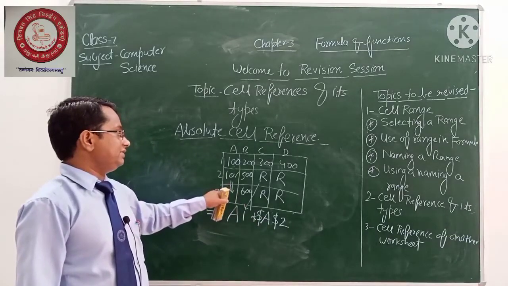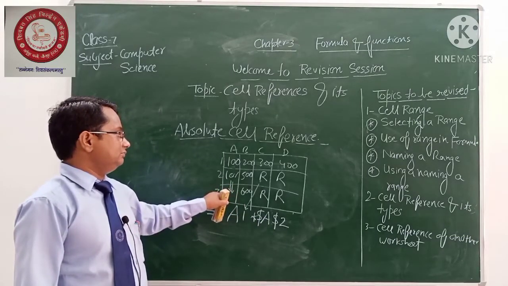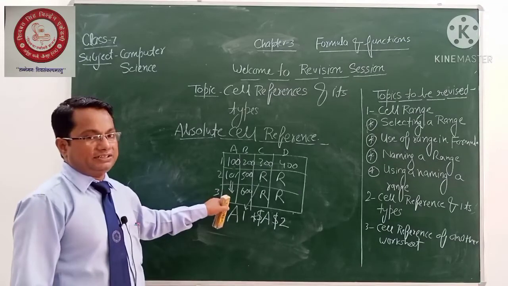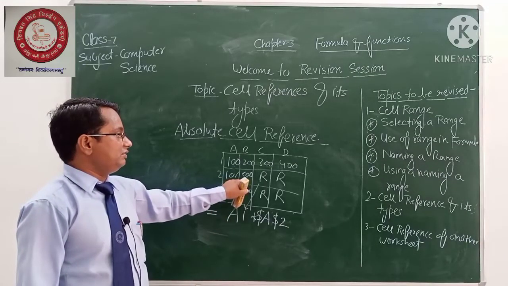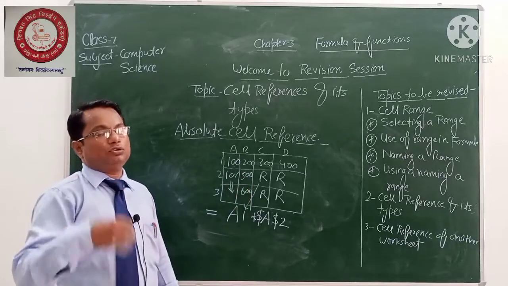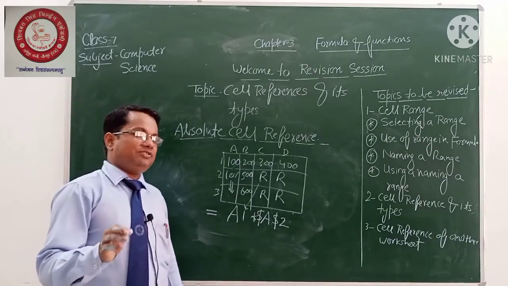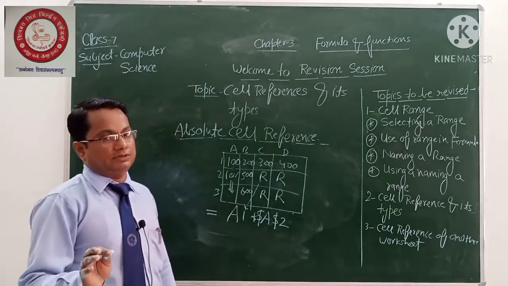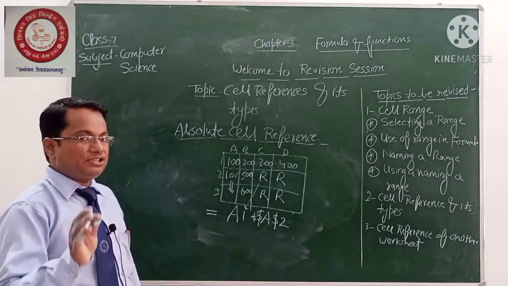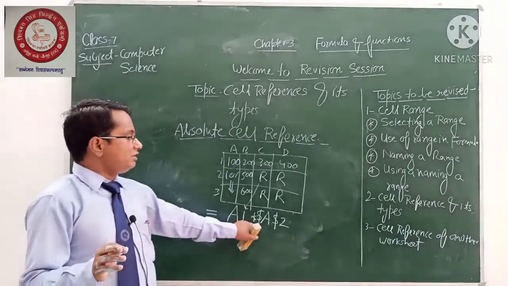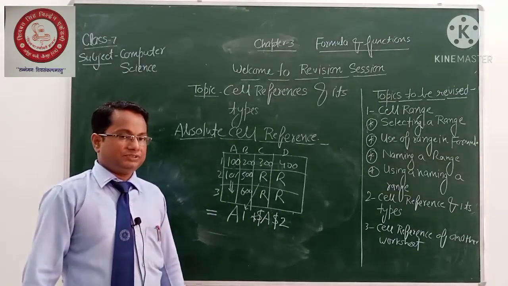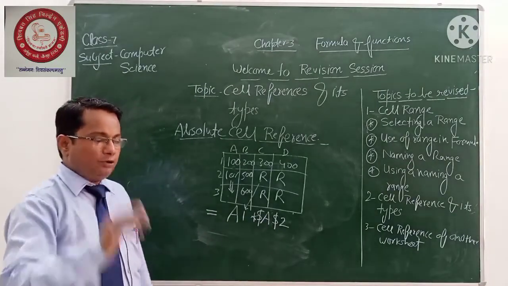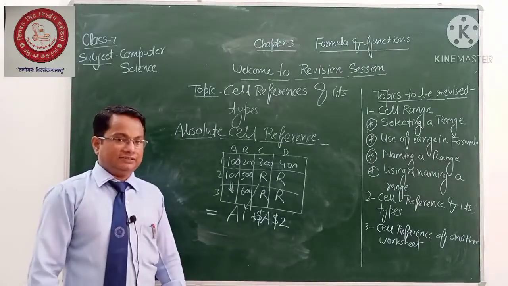Suppose your result, 10, is written there. Once you want the result of any of these numbers, when you scroll down, every time you will get the 10% of any of the numbers. So please make sure that the $ sign must be used for absolute cell referencing. Clear? I hope you are able to understand each and everything.